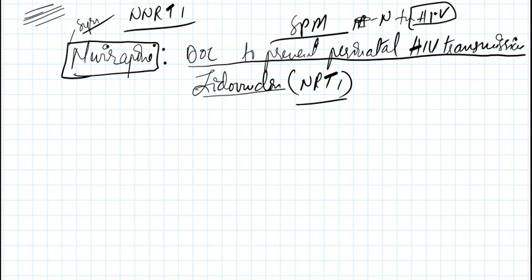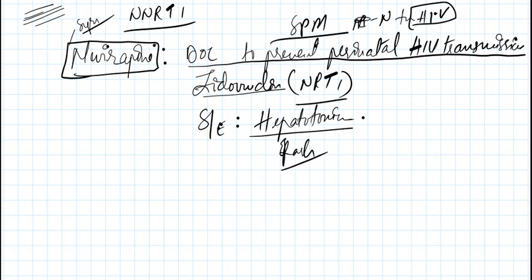So you come to zidovudine and you know the side effects they cause: hepatotoxicity, that is toxic to the liver, and also some rash, but that is not important. Hepatotoxicity is important. Until here it's okay.